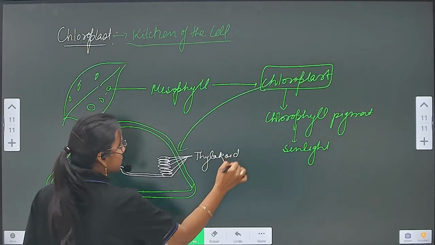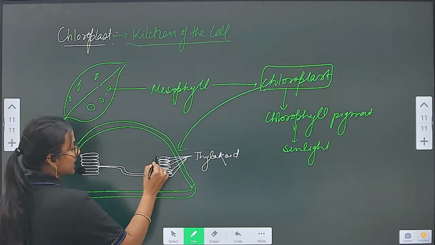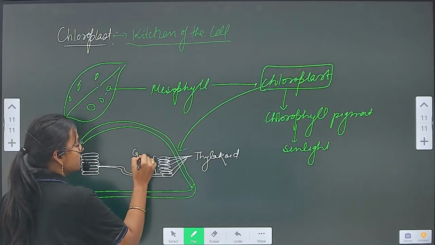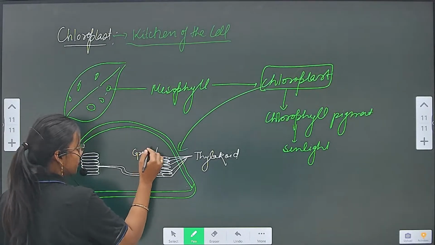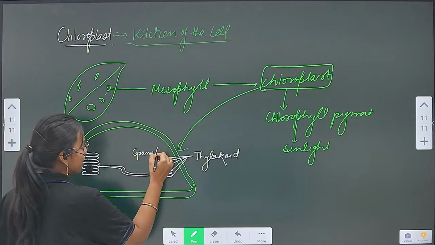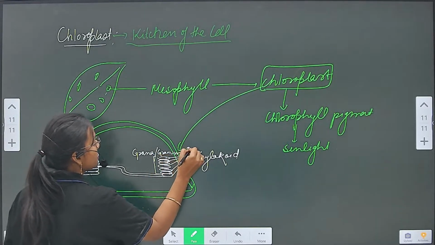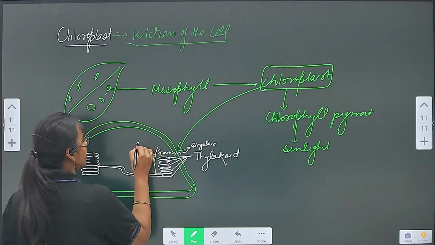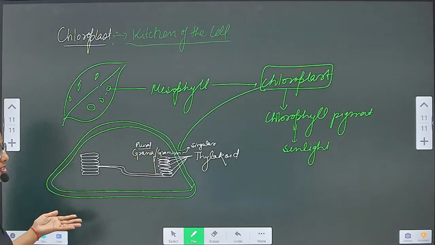The membranous structure, individual units are called thylakoid, and the entire pile of the thylakoid is called grana. If it is plural, that is grana. If it is singular, that is granum. Granum is singular, and this is plural.